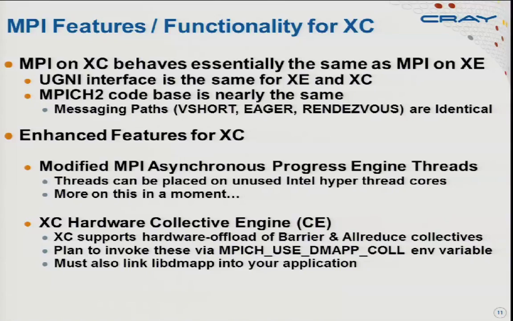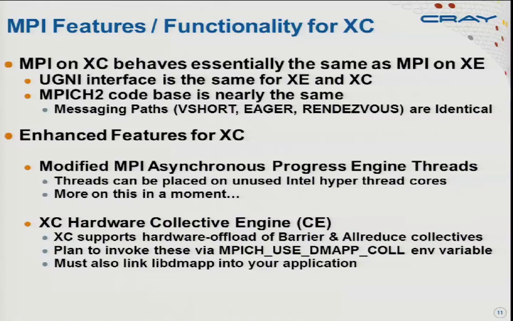The two enhancements that are noteworthy on the XC so far: one is the modified MPI asynchronous progress engine threads. This is a feature that is actually available on Rosa, but there's a twist that is worth noting on Cascade. Threads can be placed on unused Intel hyperthread cores. In general, the threads can be used on unused CPUs on the node.